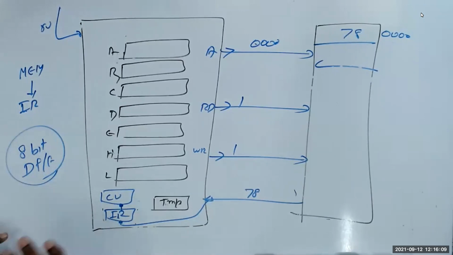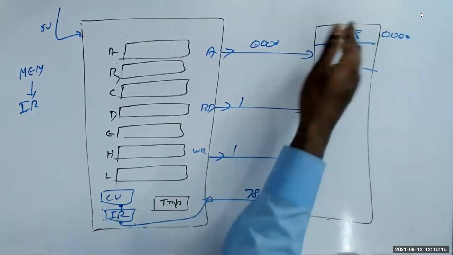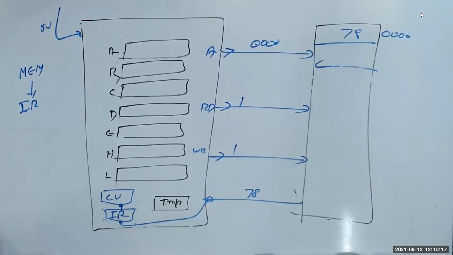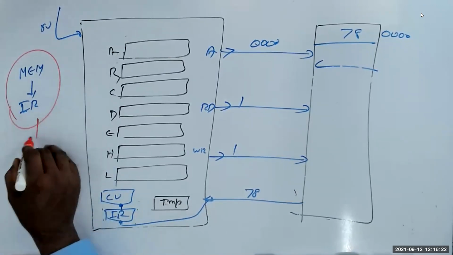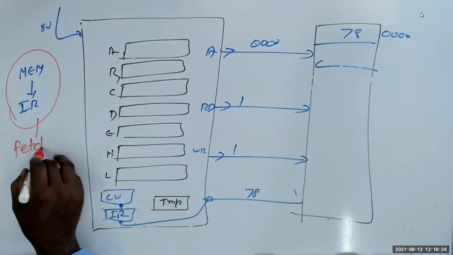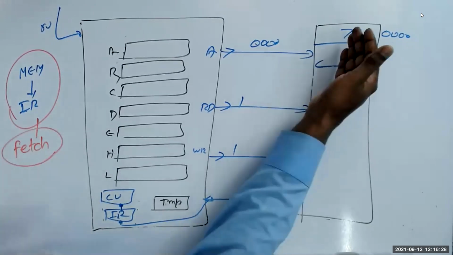A register, a latch, all of them are flip-flops. Your RAM, everything is flip-flops. Now, this operation is called fetch. I am fetching the instruction.